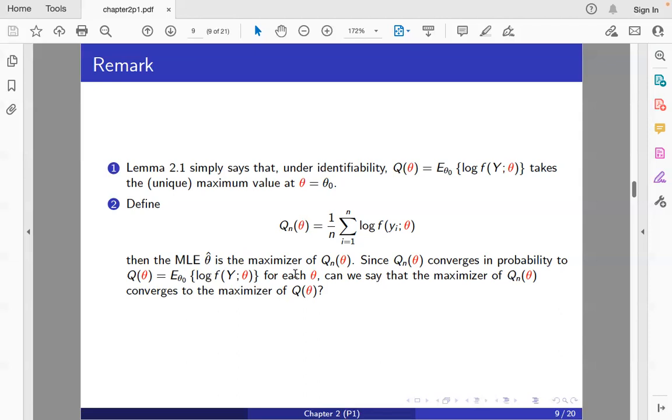Then can we say that zeta hat n will be very close to zeta null? That is our hope.